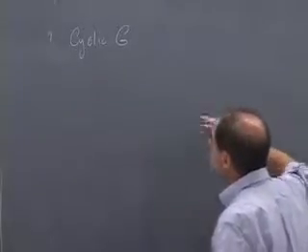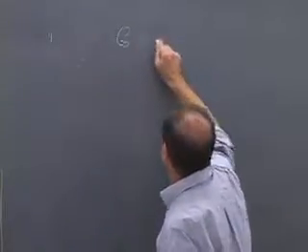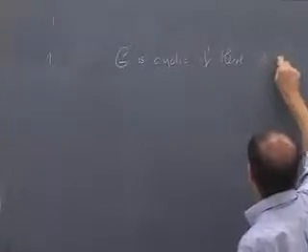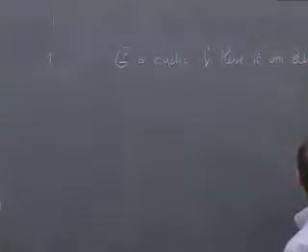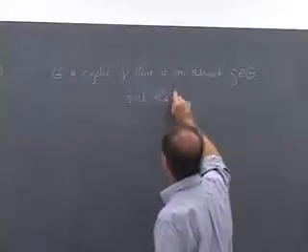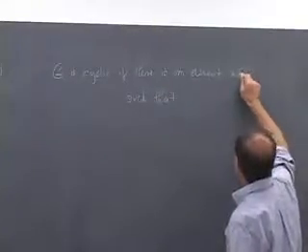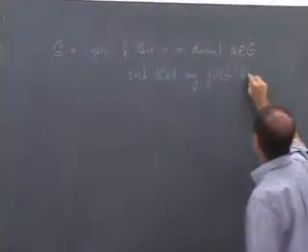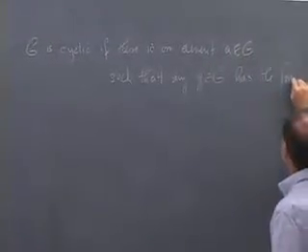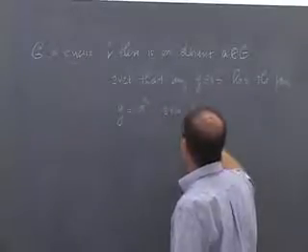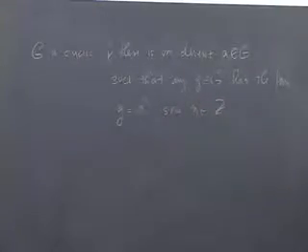G is cyclic if there is an element, let's call this element A, the generator, such that any g in G has the form g equals A to the n, some n in Z. So any element is some power of A. Such elements are called generators.